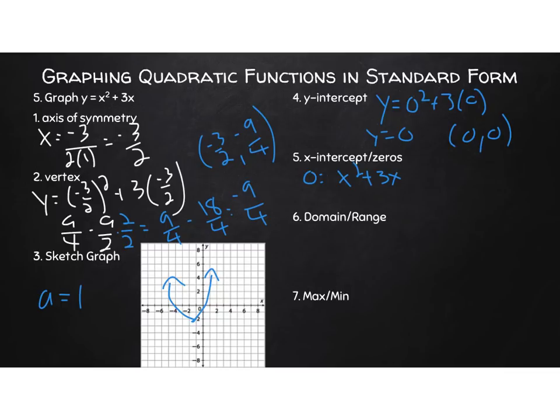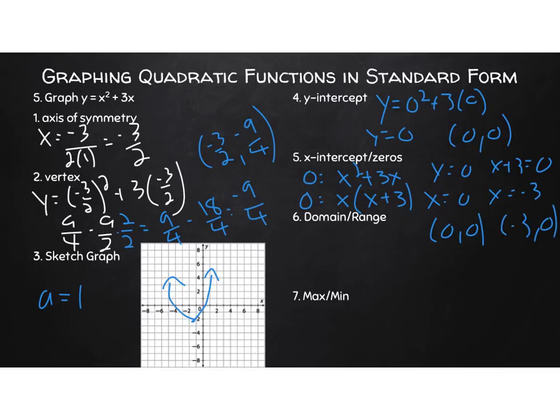First rule of factoring is GCF, and I can factor out an x. So I get x times x plus 3. And that gives me x equals 0 and x plus 3 equals 0. And subtracting, you get x equals -3. So our x-intercepts are at 0, 0, and -3, 0.